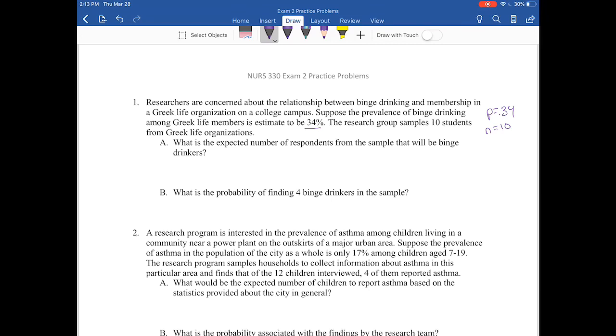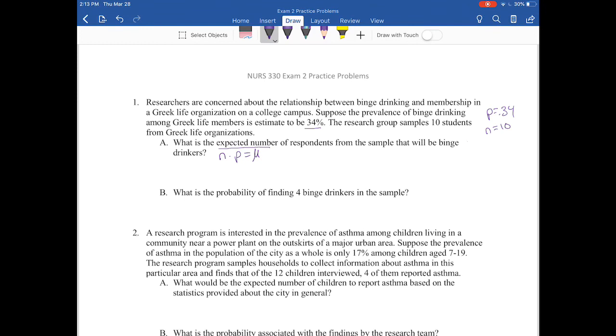So then part A is, what is the expected number of responses from the sample that will be binge drinkers? So keywords here: expected number, right? Either you're a binge drinker or you're not a binge drinker in Greek life, a success or failure. So this is going to be our binomial distribution. When we see expected number in the binomial distribution, our formula is N times P equals mu.